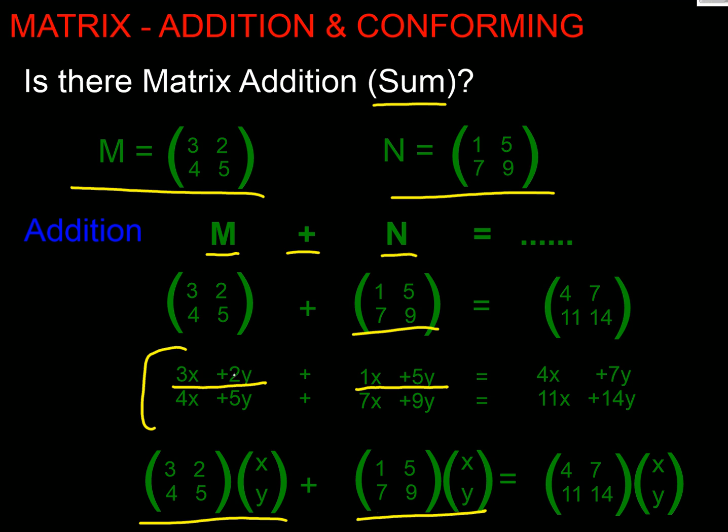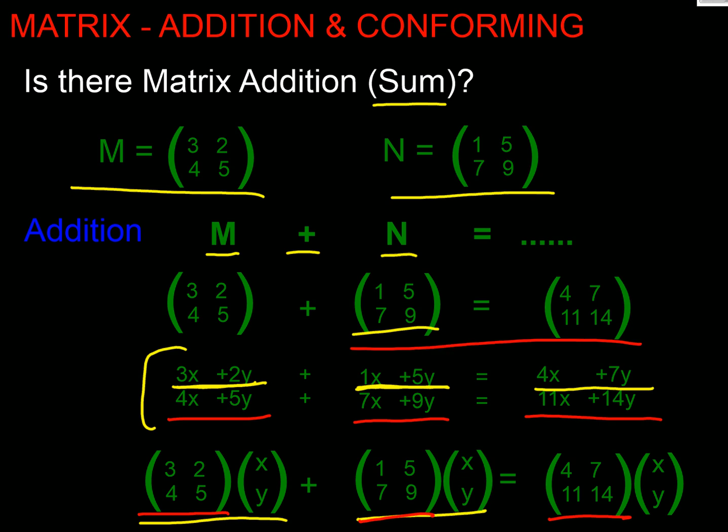So if I got these two expressions and I add them, well, I just get 4x plus 7y, and for the lower row 4x plus 5y, add it to 7x plus 9y, and I'm going to get 11x plus 14y. So I think that shows us fairly quickly that I can add, in effect, matrices. There are 3 2 4 5 here and the 1 5 7 9, and I will get 4 7 11 14. Yep, so here we go.